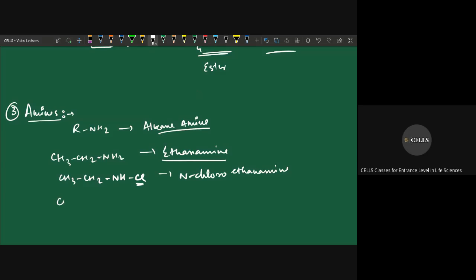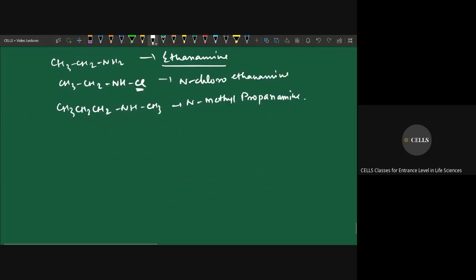Suppose if we have CH3, CH2, CH2, NH, CH3, what will be the name? N-methylpropanamine. Right? Very good.